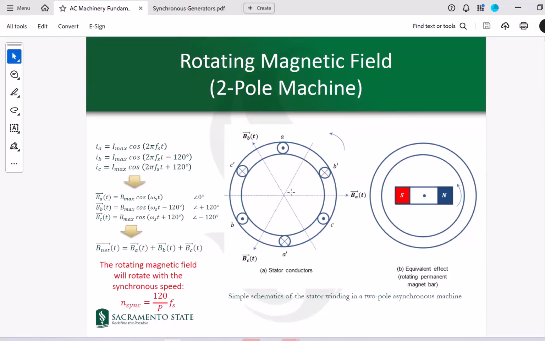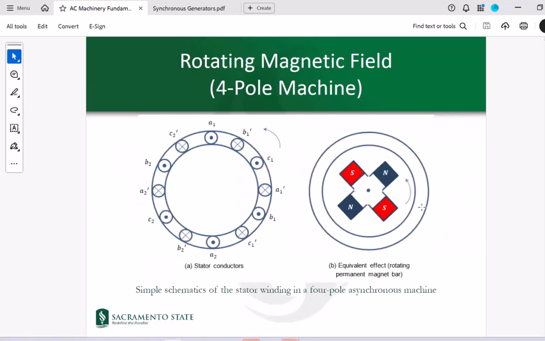They would produce three magnetic fields, BA, BB, BC, associated with the three phases. Considering that each of these windings has sinusoidal currents in it, the combined interaction between all of them would be as if there is a rotating magnetic field, just like the one that we have here on the right-hand side. So this is very important in the construction of AC machines.